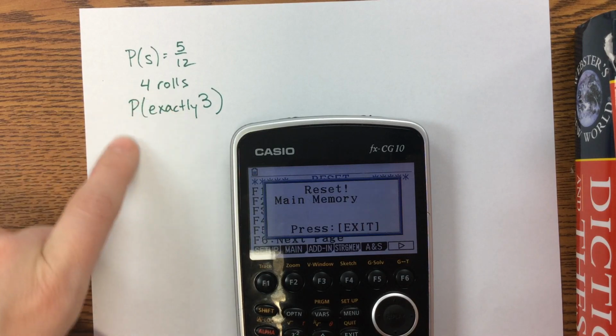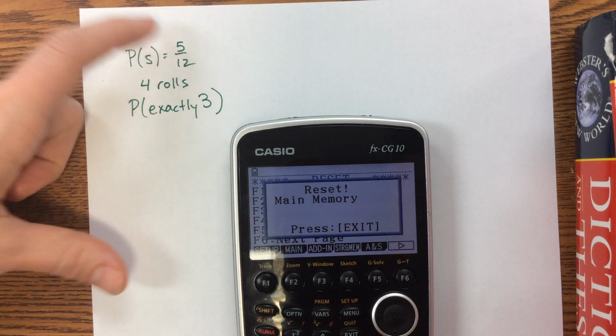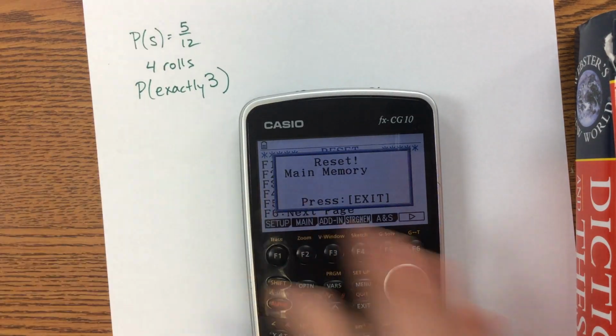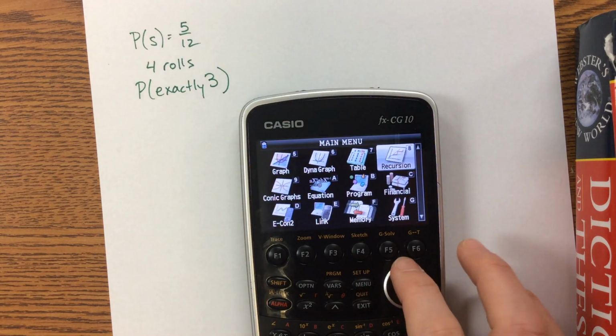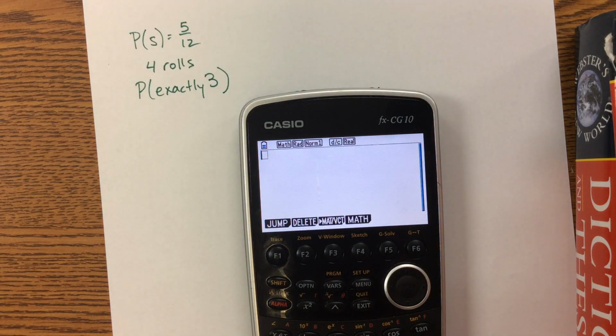Say we have 4 rolls and we want to know the probability of getting exactly 3 that have a sum higher than 7. One of the things we can do in our calculator, if you remember, on the regular screen, we had a combination.